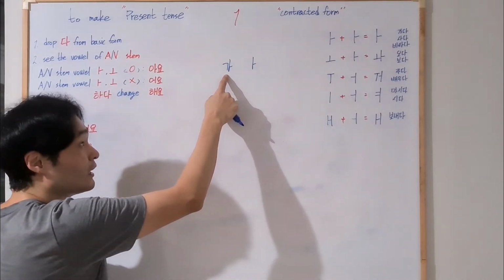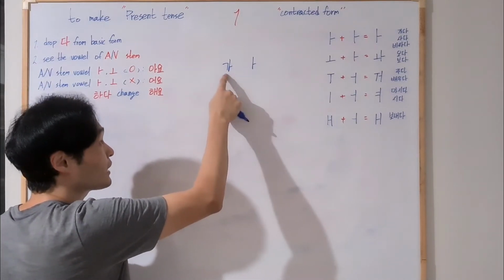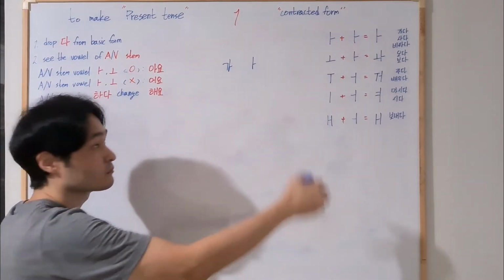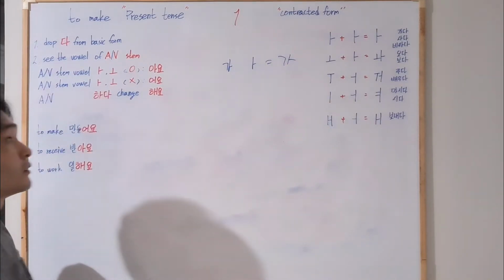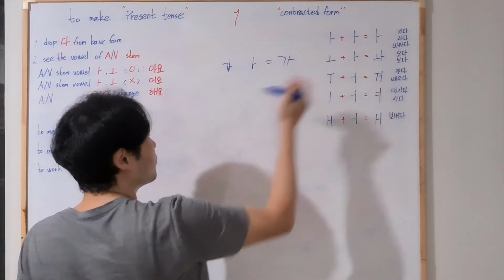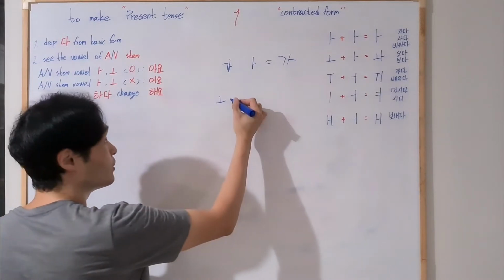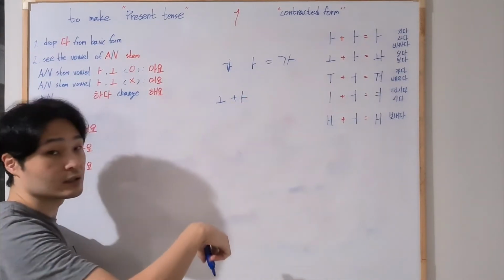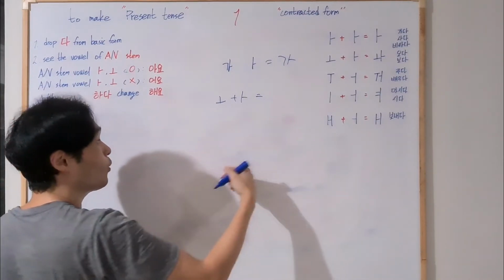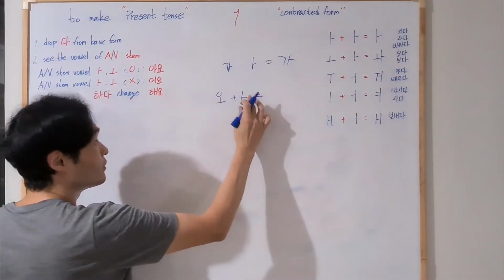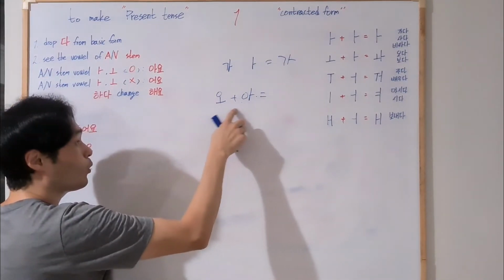So 가, 아. The vowel is the same. 가. One more, 오. How to pronounce this? 오, 아. 오아.